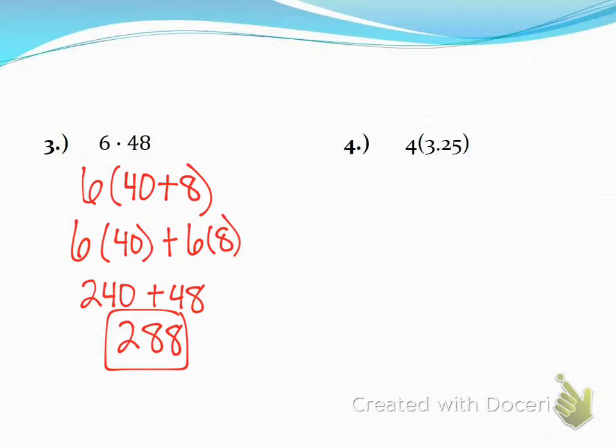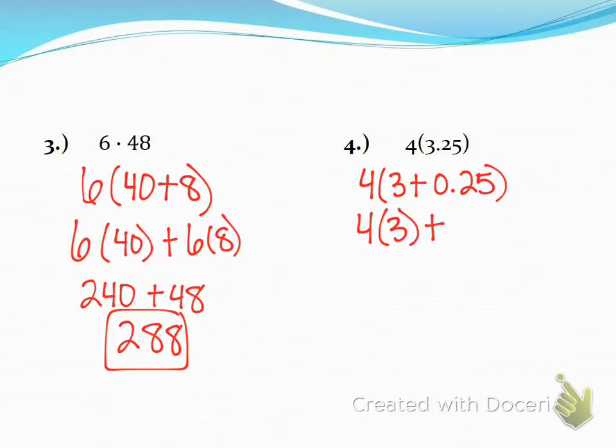How did we split up number 4, Liam? Good. So if we split up the whole number from the decimal part, and then we distribute the 4, then we would have 4 times 3 and 4 times 0.25. 4 times 3 gives me 12. 4 times a quarter is 1.